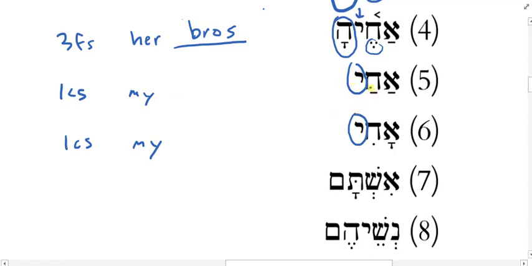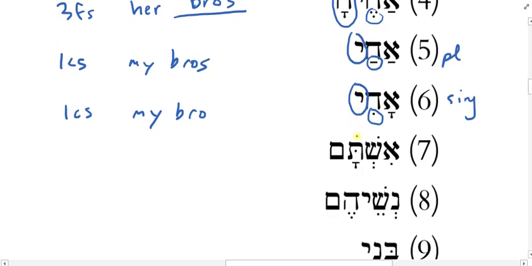But one of them has a patach before the yod, and one of them has a hiriq before the yod. Which one of these is singular, 5 or 6? 6, that's a singular noun. 5 is a plural noun. So what is an ach? A brother. So number 5, achai, is my brothers. Achi is my brother.